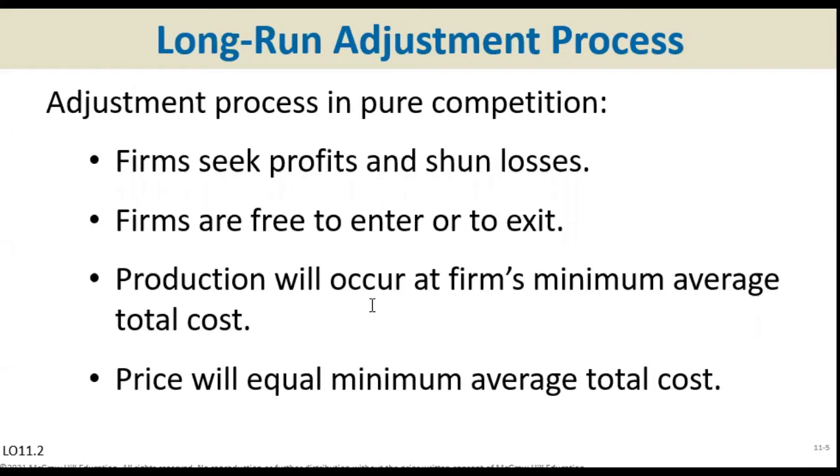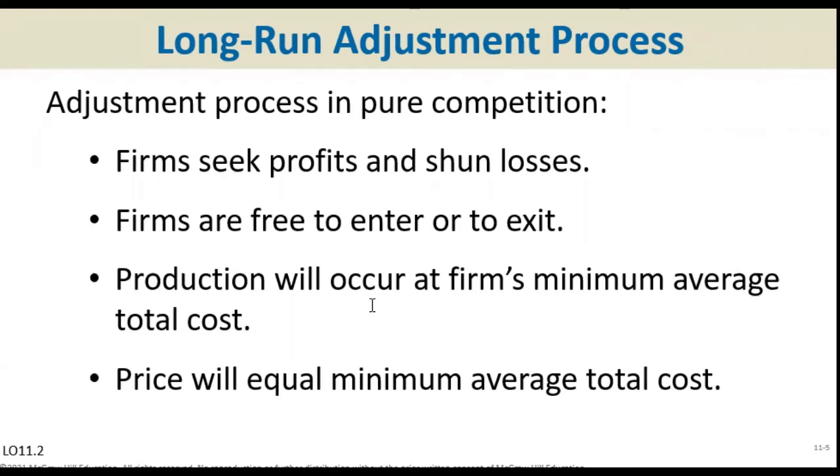So once the industry has completed a long run adjustment process, it is in long run equilibrium, right? We will have a disequilibrium in the short run, but the long run adjustment process will kick in by firms entering if there's economic profit, and firms leaving the industry if there are economic losses.